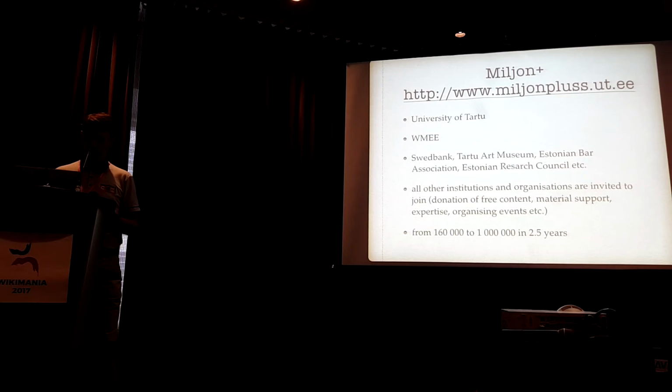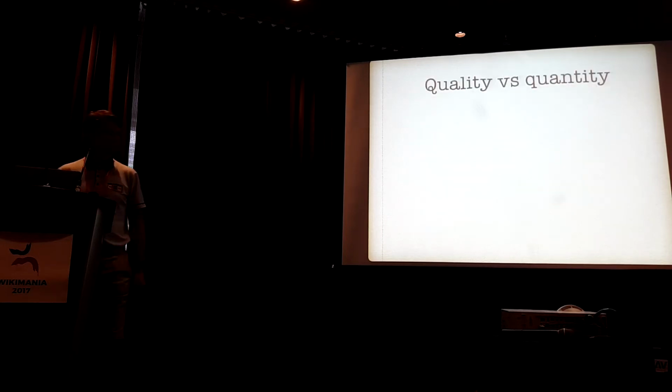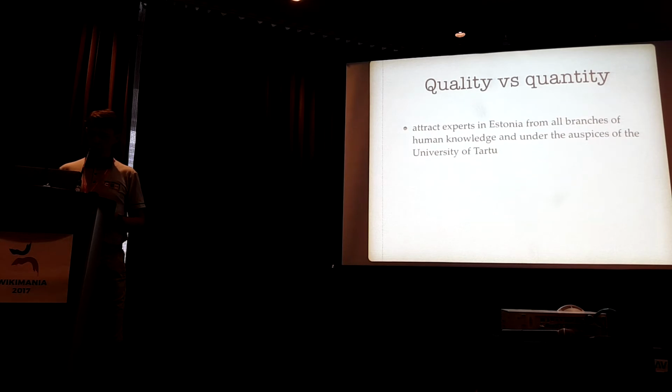The problem is how could we preserve quality if we raise quantity in such a short time? We try to attract all experts in Estonia from all branches of human knowledge, and Tartu University is helping us in this.